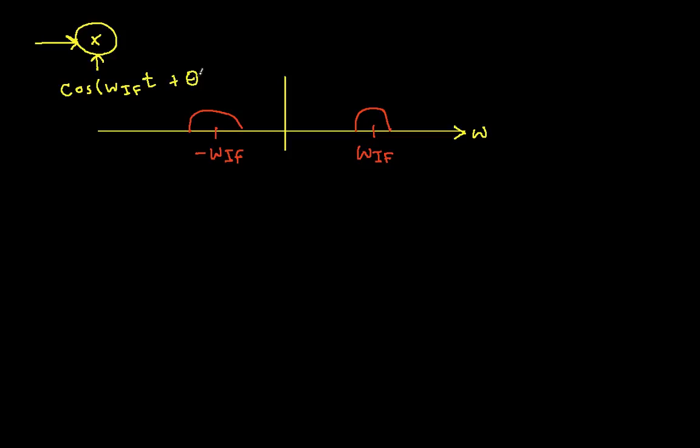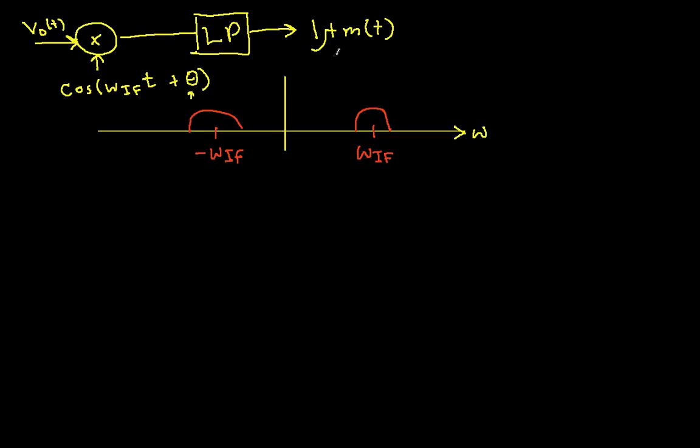Now, I'm going to add a phase term here, and I'll explain in just a minute what this theta is doing and why it has to be there. But so I take this cosine and multiply it by my signal that I'm trying to demodulate, and then I run this through a low-pass filter, and out pops the signal that I was interested in. It still has 1 added to it, but basically it's M of t. Getting rid of the 1 is pretty easy with just a level shifting circuit.